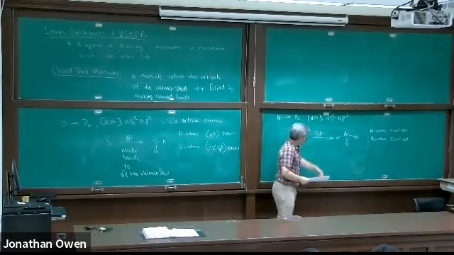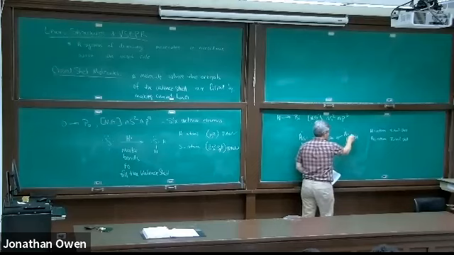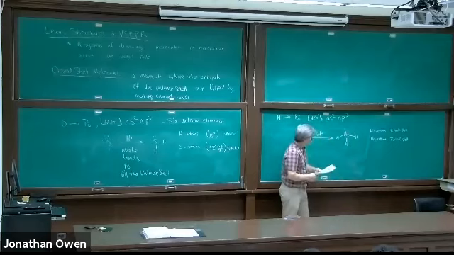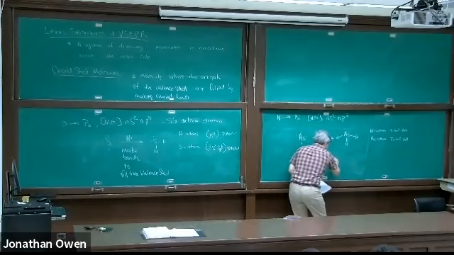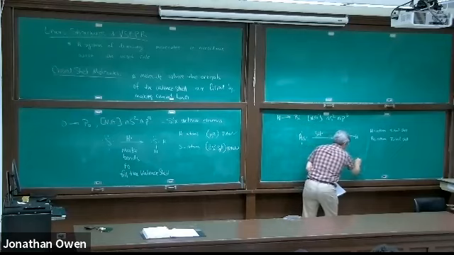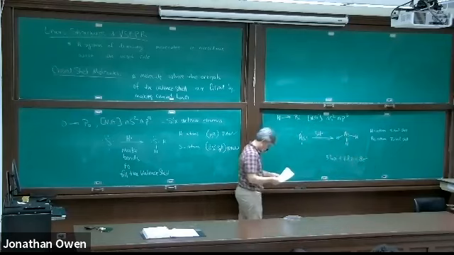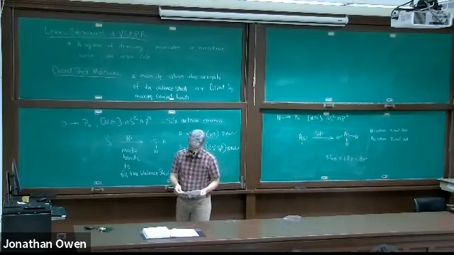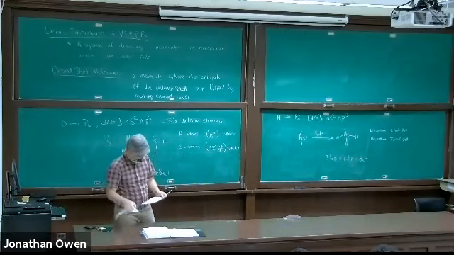Okay. Now, if you take this molecule, you can count the electrons. You got 2 electrons in each one of these bonds here, and this lone pair. So you have 3 bond pairs plus 1 lone pair. This gives us 8 electrons around that guy. 2 electrons per bond pair.